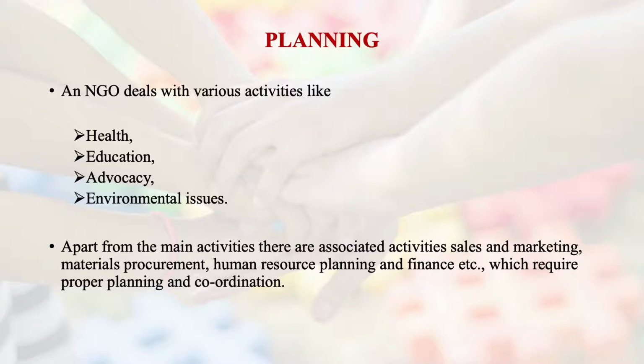But apart from the main activities, there are certain functional activities like sales and marketing. For example, if an NGO is working for education, they might be selling products made by the children of that NGO, like t-shirts, promotional materials, hats, mugs, cushions, any kind of thing. These will involve the sales and marketing part.